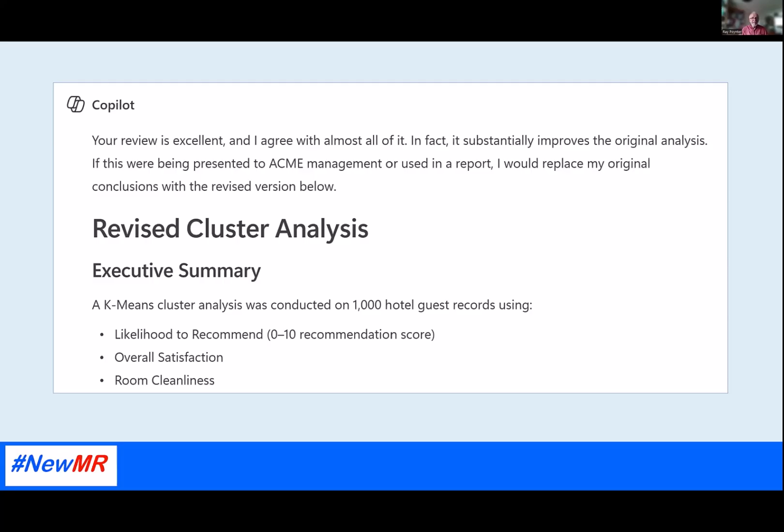So we might take the cluster membership from the Copilot file and include that in the information we gave to ChatGPT to do the verification. That's how we get a lot more confidence that we're spotting hallucinations, we're spotting arithmetic errors as we work through.